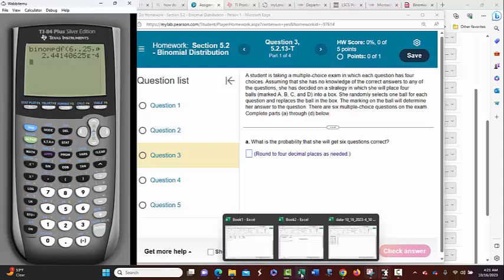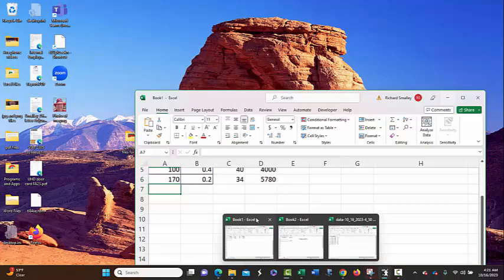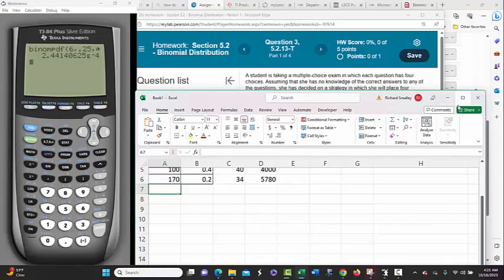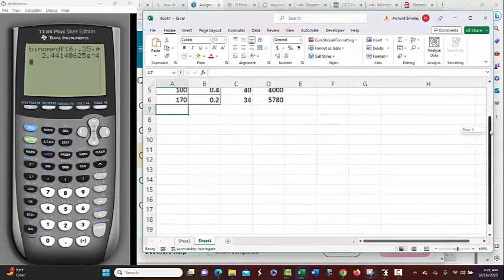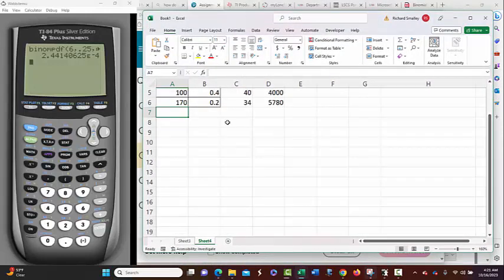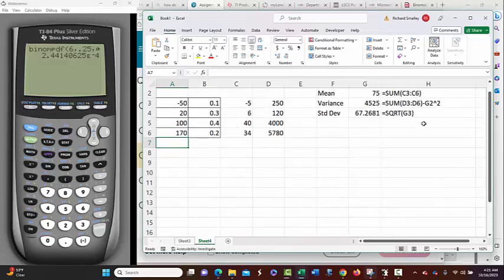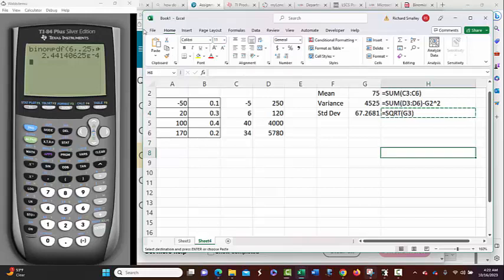Let me put this in Excel and show you. It's kind of adding on to where I was from the last section doing the probability distributions. So we'll just put these commands right down here, and I'll copy the formula text and move it down here somewhere.